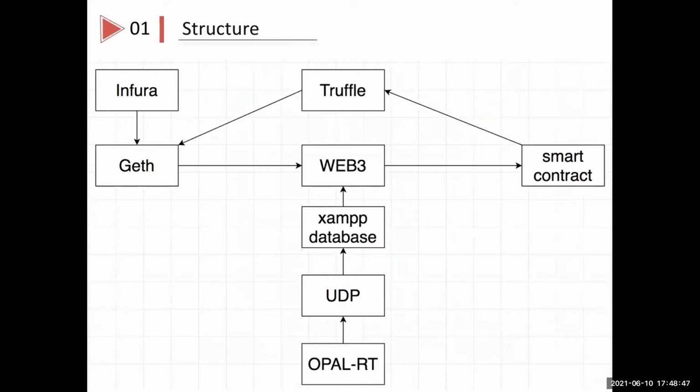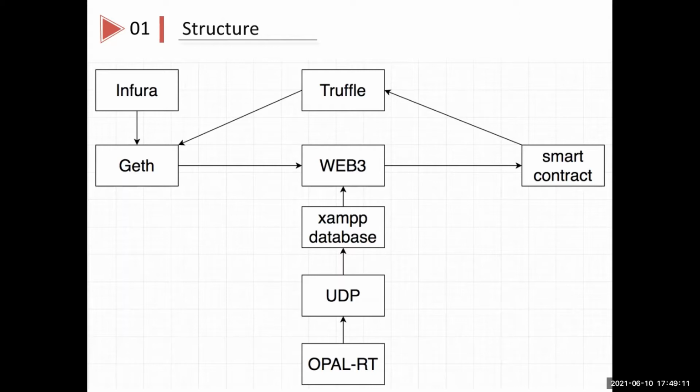This page expresses the method of how to set up the blockchain technology. First, it starts from Infura, which is a company that gives us the opportunity to start our own blockchain project. It will first initialize or give us some tokens so that we can set up our own blockchain.